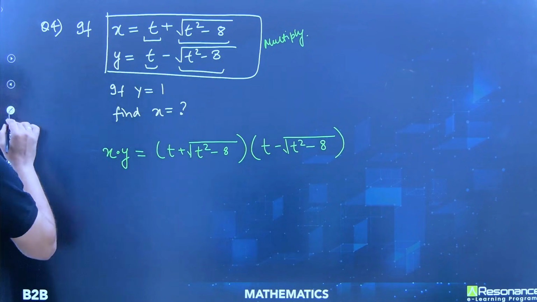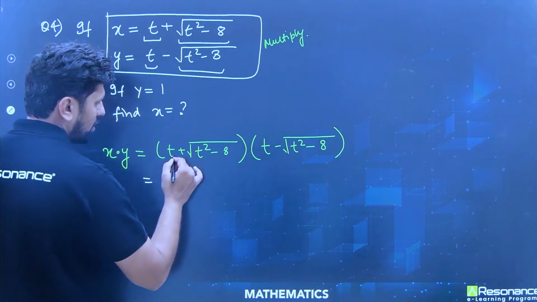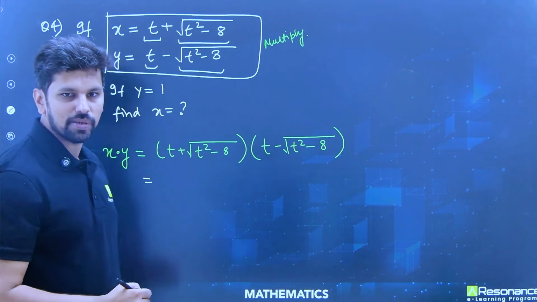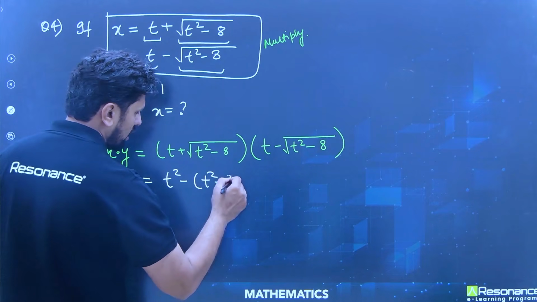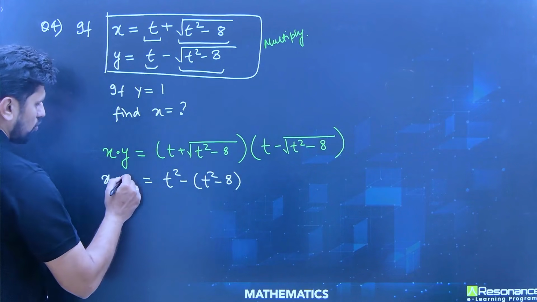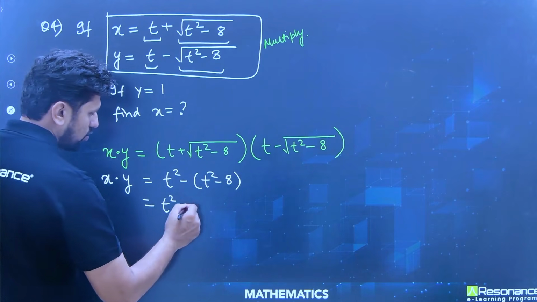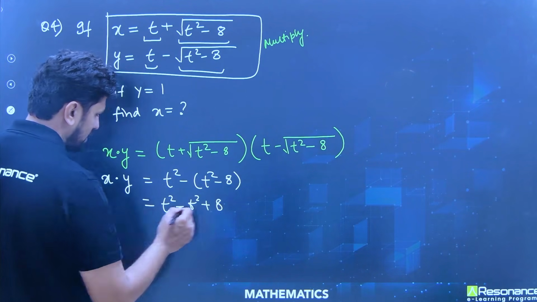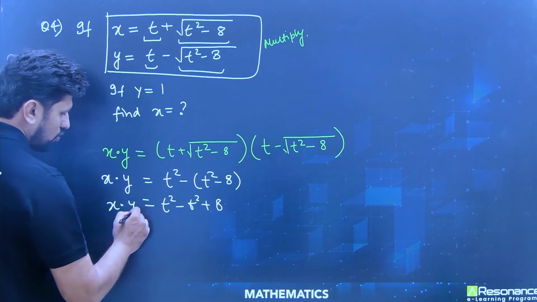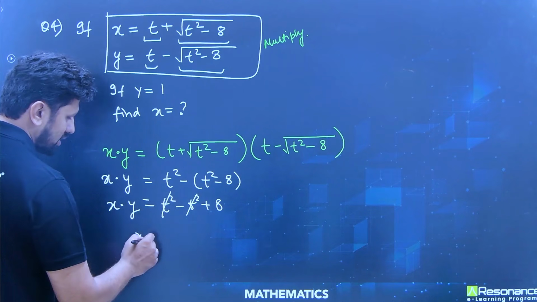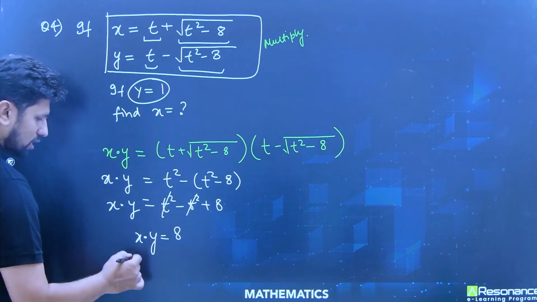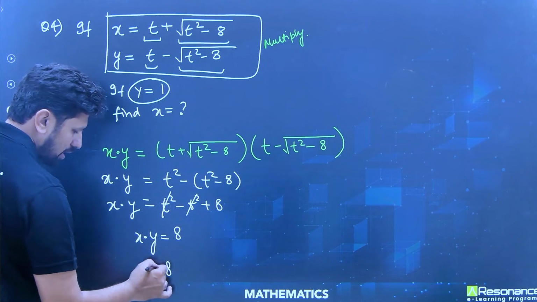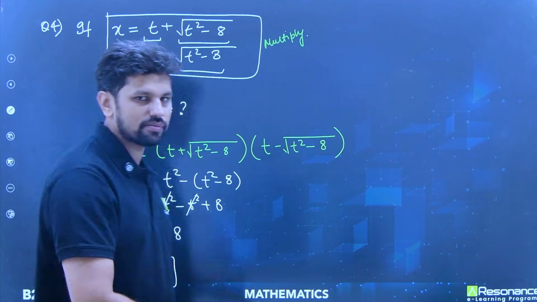Correct? And when we open the bracket, it will become a plus b into a minus b, that is a square minus b square. That is x into y equals t square minus t square plus 8. These two got cancelled. So we got x into y as 8. Now we know y is equal to 1. So x will be equal to 8.